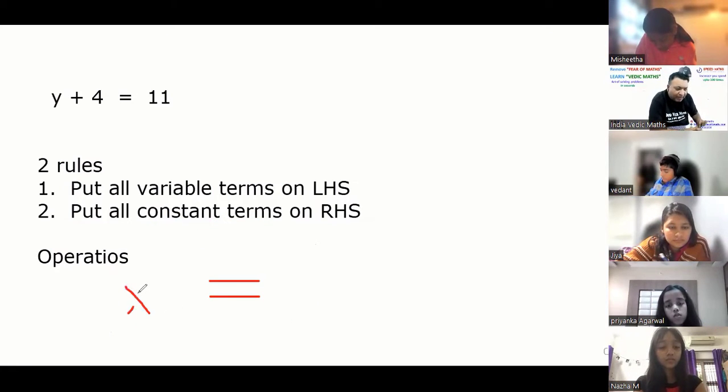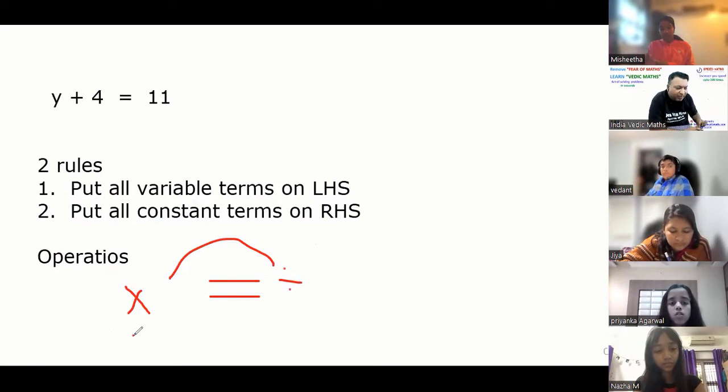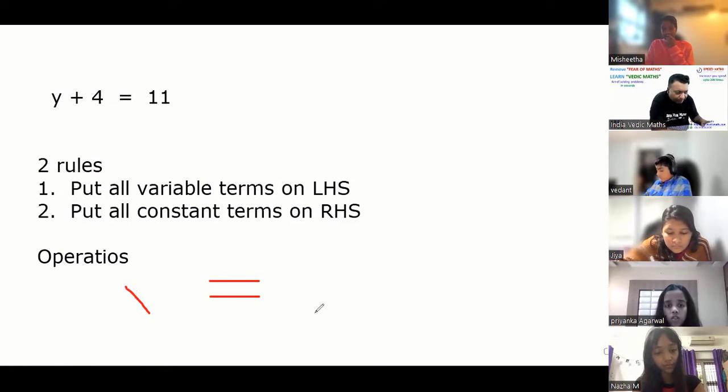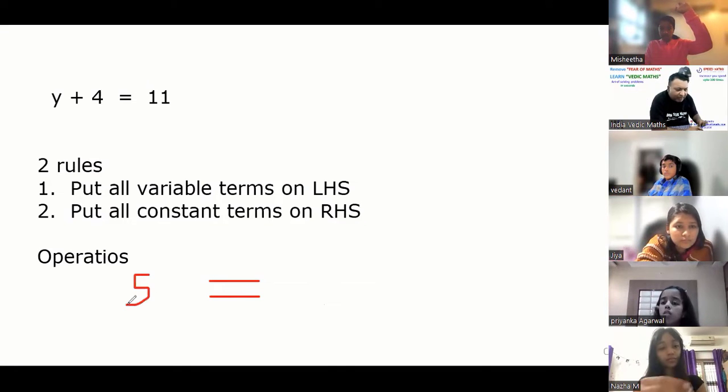If there is a multiply and you move it here, it becomes divide. If there is a divide and you move it here, it becomes multiply. So plus becomes minus, minus becomes plus, multiply becomes divide, divide becomes multiply. That's the basic philosophy. Suppose 5 is here.